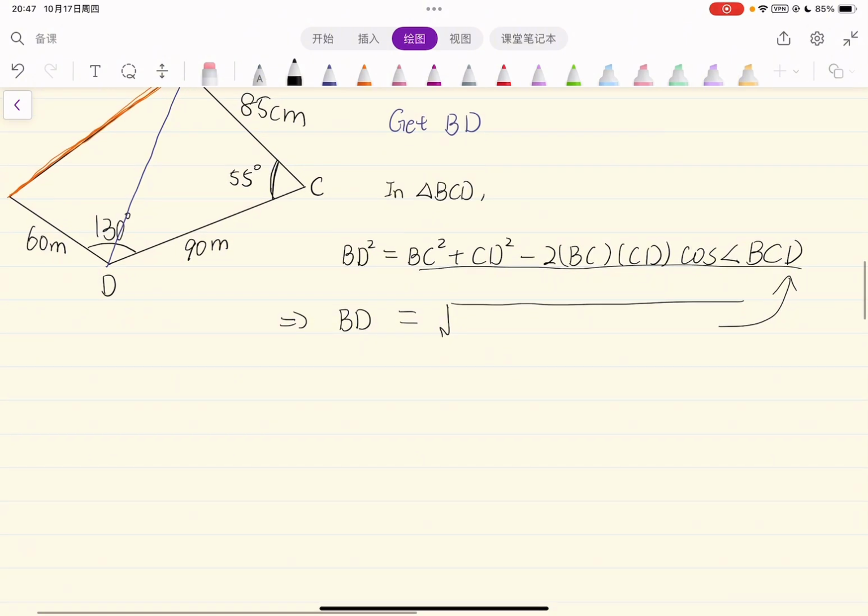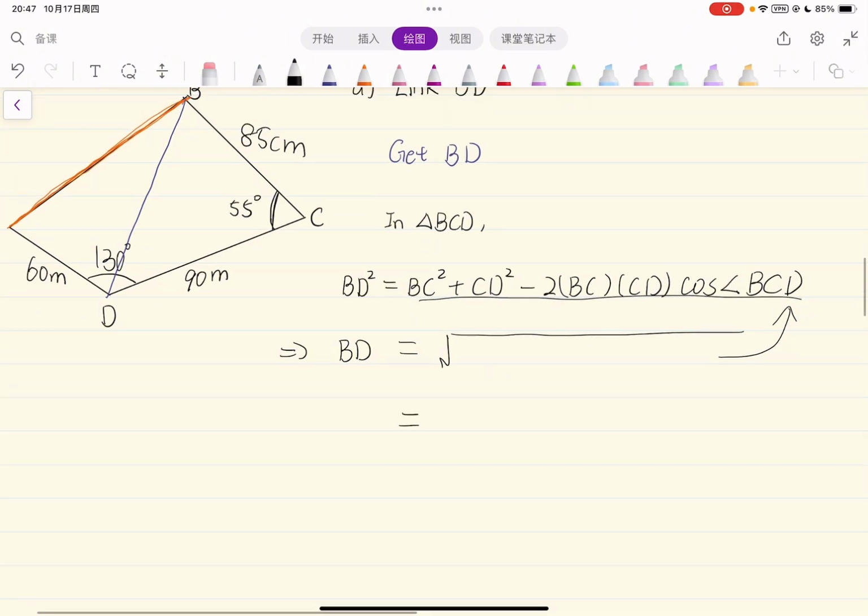Right? And we substitute values into the formula.